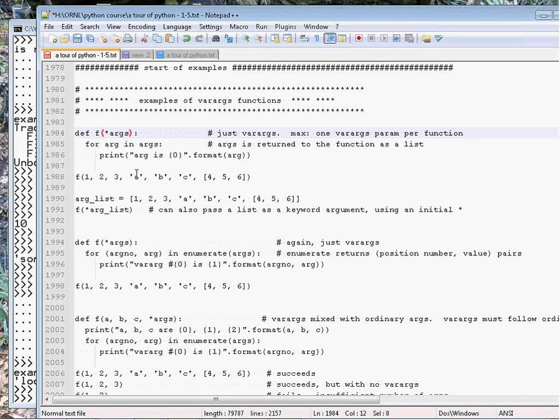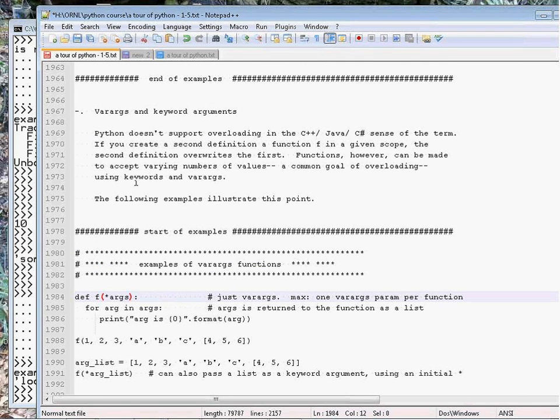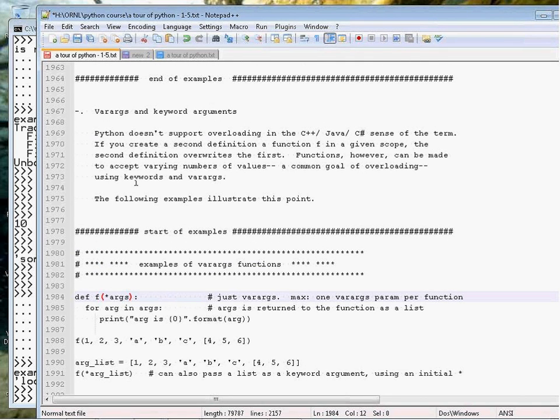So what you can do in Python is define something more general, f of arglist, and vary the behavior of f based on how many items you have in the arglist and what types you have. Very much classic C. What I want you to do is run the example from line 1984 to line 1988.